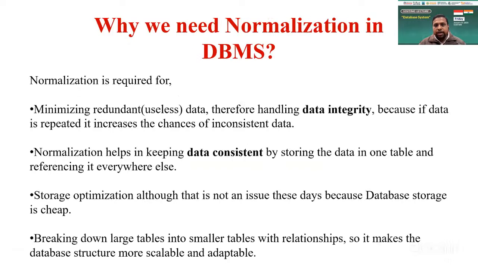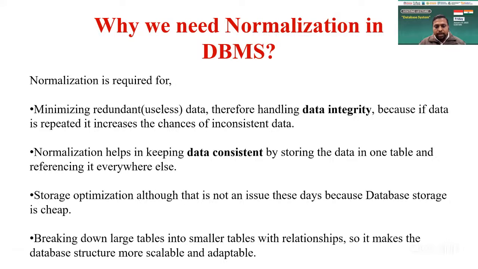Next question, why do we need normalization in DBMS? Normalization is required to minimize the redundant data to solve all the problems, so that the database is a consistent database. There must be a single value in each field.